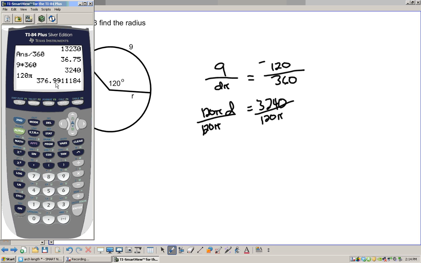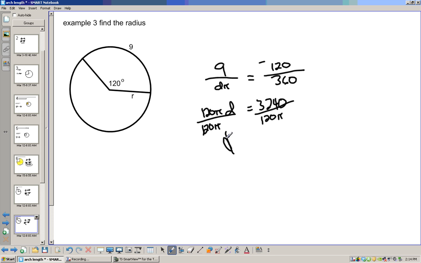So then I'm going to go 3,240 divided by 377 equals. Now that gave us this number. Remember, that would be D. That is such an ugly D.